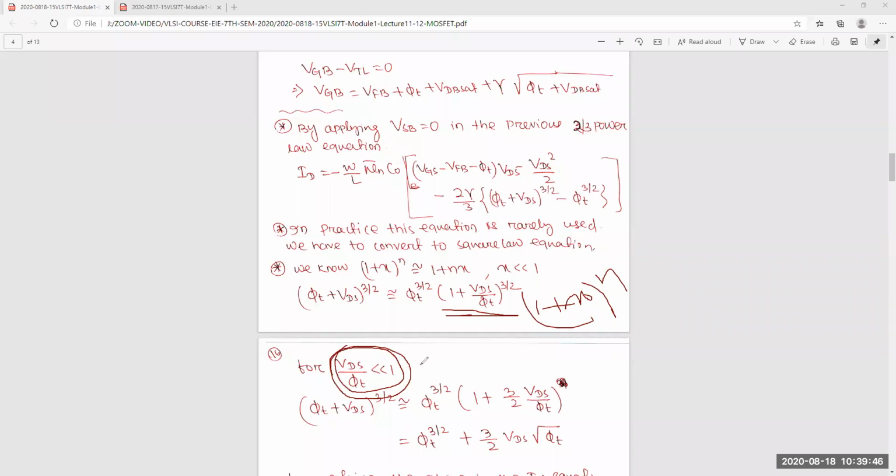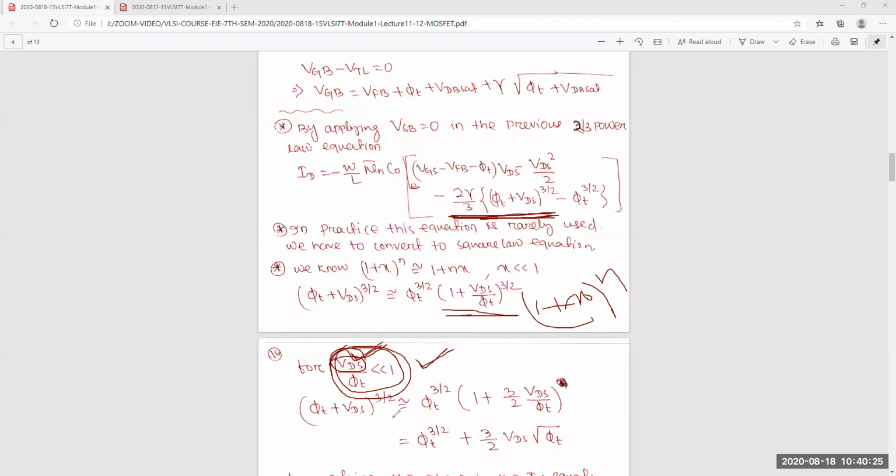What Satabdi initially pointed out is that VDS is very much less than phi t, the threshold voltage. So here we assume that VDS is very much less than phi t. If this is valid, then we can convert this to a square law.